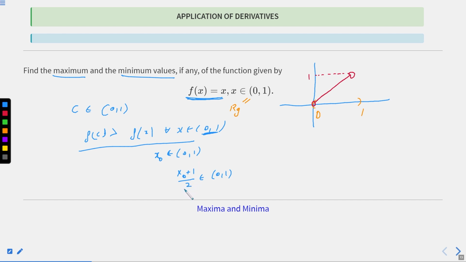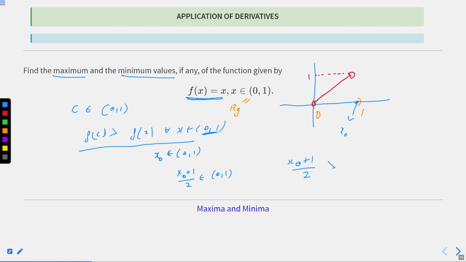Now what will happen is that if x naught is very close to 1, if x naught belongs to this interval and it is somewhere here, very close to 1, then this x naught plus 1 by 2 is also going to belong to this interval, as I have already told you, and it is greater than x naught.